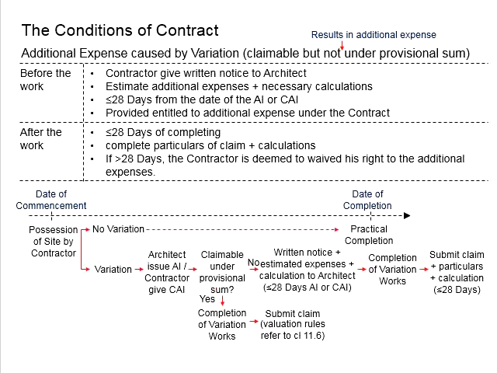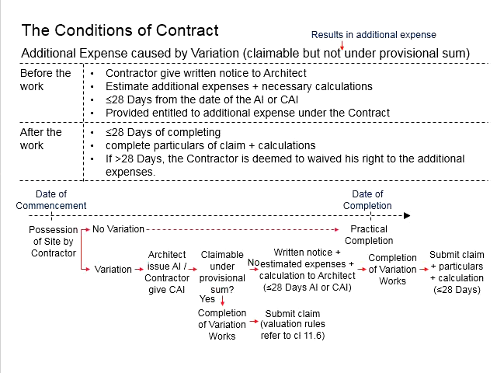Let's say now if the contractor submits the relevant information after 28 days, the relevant cost will be borne by the contractor. By then, the contractor is deemed to waive his right to the additional expenses. That means whichever is to be claimed for the relevant variation work, once the work is completed, the contractor needs to make the claim within 28 days. Beyond that, the employer has the right not to pay the contractor for the work.